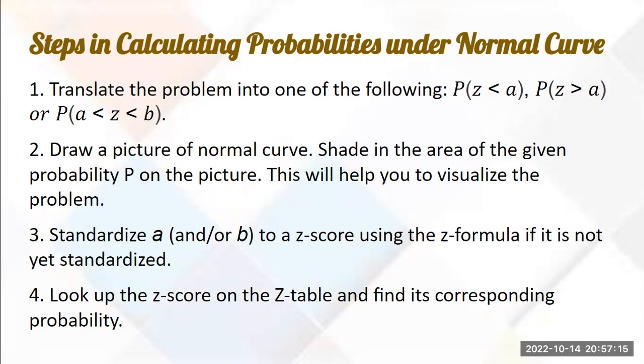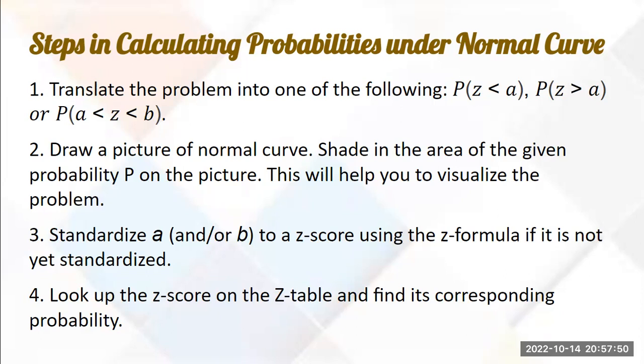So just draw the normal curve. The peak of the curve is at the middle, and the part you shade will depend on the given. When it says to the left of the z-score, you shade the left part. And if to the right, you shade the right part. And if it's in between, you plot the two numbers, and you shade the middle part between those two z-scores.